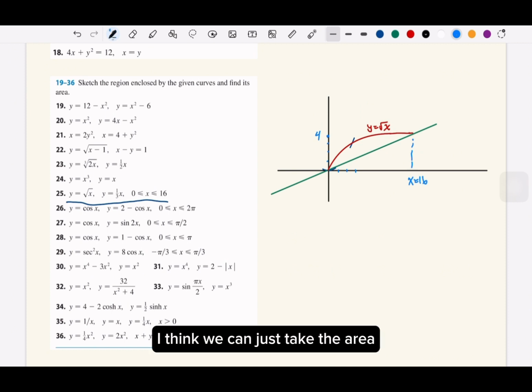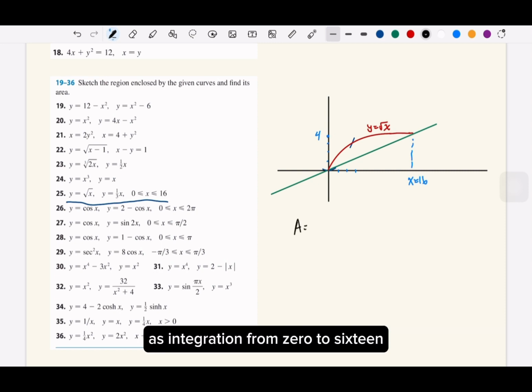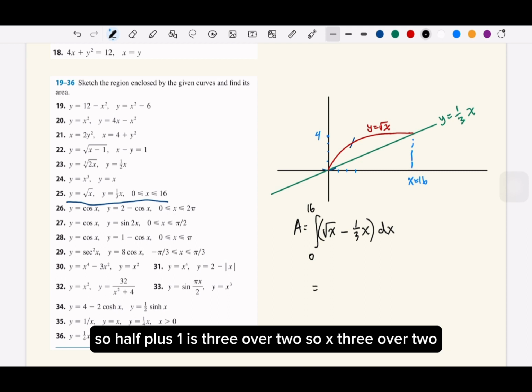I think we can just take the area as integration from 0 to 16. And then we can take square root of x minus 1 over 3x dx. So half plus 1 is 3 over 2.